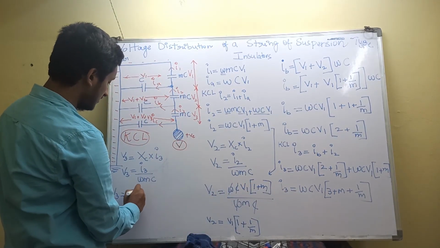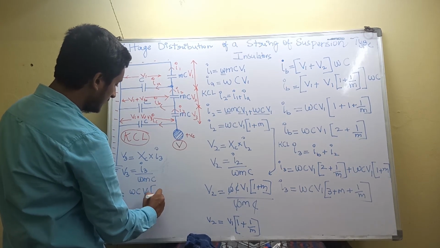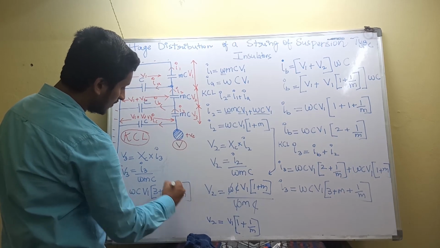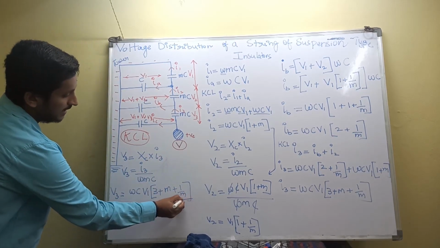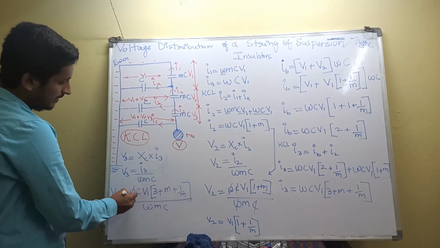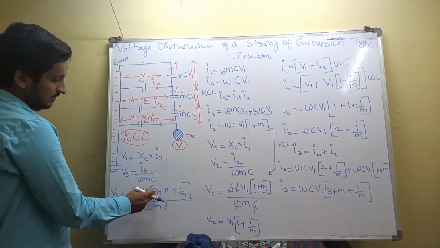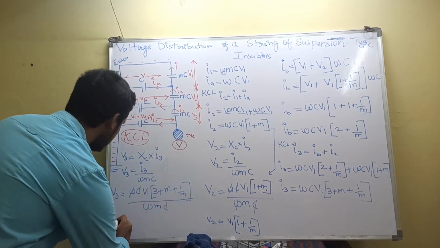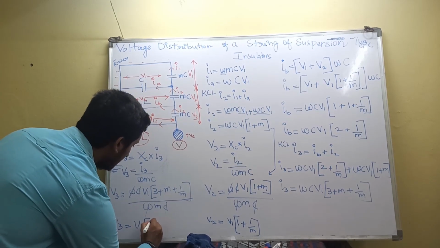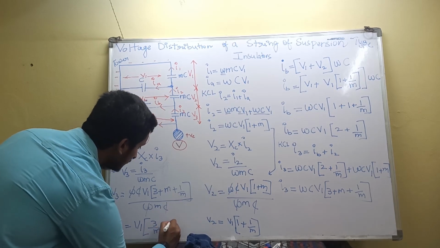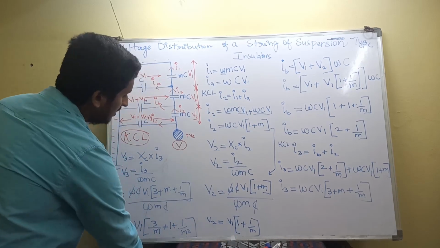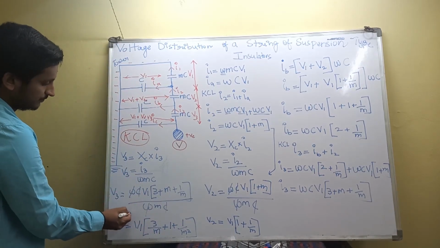Omega C V1 into 3 plus M plus 1 by M. Now divide this entire part by omega MC. Omega C will be cancelled and this will be divided by M. So you will have V3 is equal to V1 into 3 by M plus 1 plus 1 by M square. This is the equation for V3.